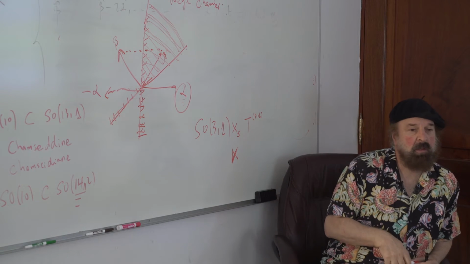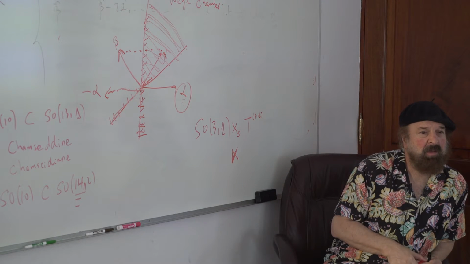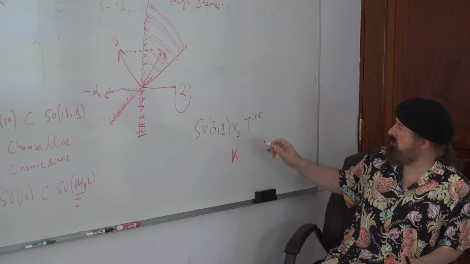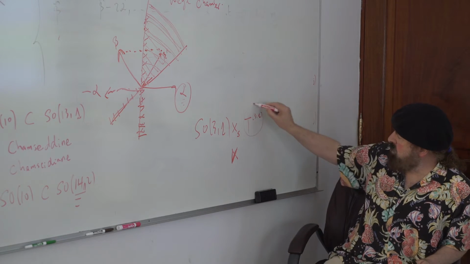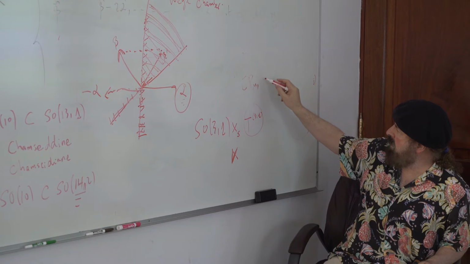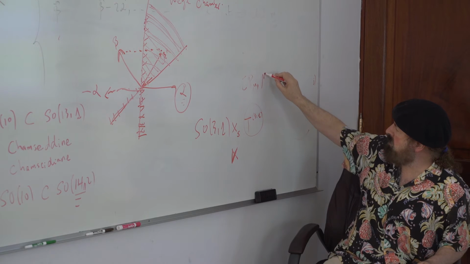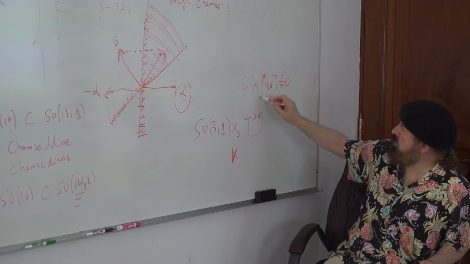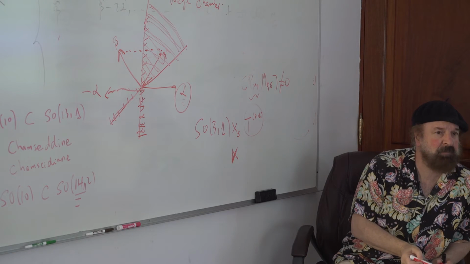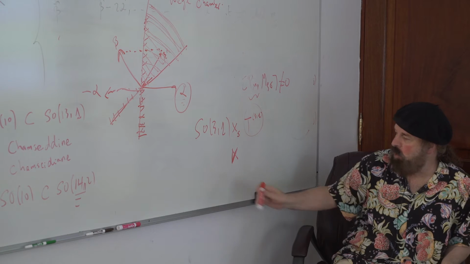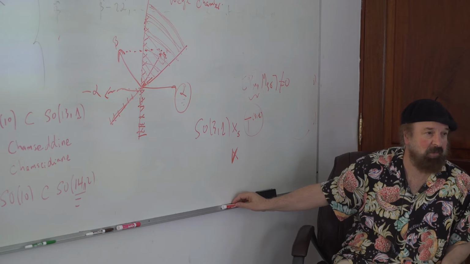Can you remind again, since we're talking about it, what is the semi-direct product? You have a semi-direct product because the generators of the translations do not commute with the generators of rotation. Okay, so because they don't commute, this is what you call semi-direct. If they were to commute, then you call them direct. But because they don't commute, you call them semi-direct.